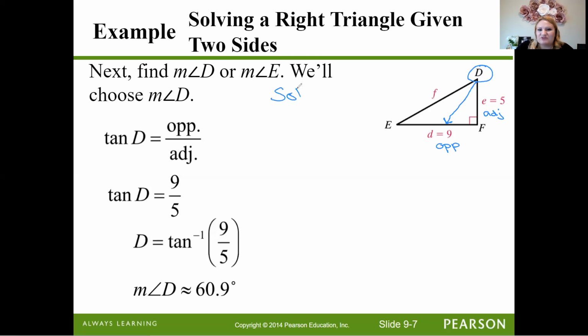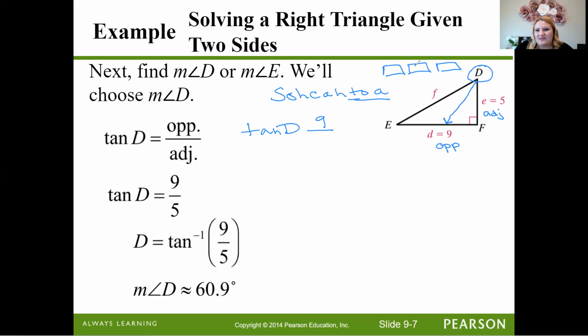So we are going to look and say, okay, opposite and adjacent. So that whole SOHCAHTOA, we are going to use the TOA part, right? So this is tangent. So we can take the tangent of D and put down the opposite, which is 9, and the adjacent one, which is sitting right next to it. And you can remember this, like think about people sitting in a desk, right?